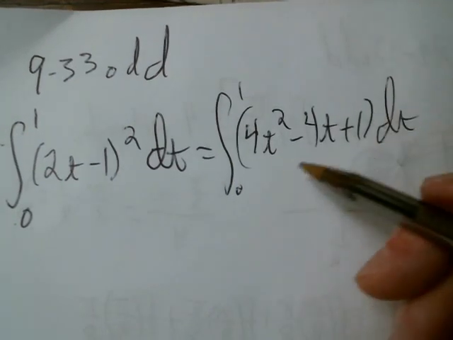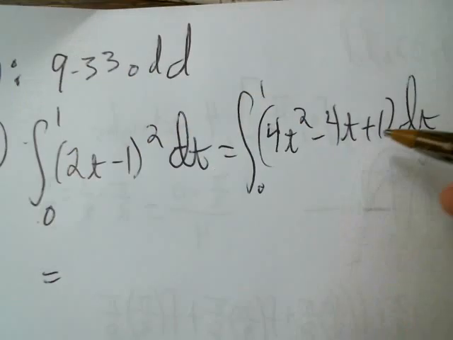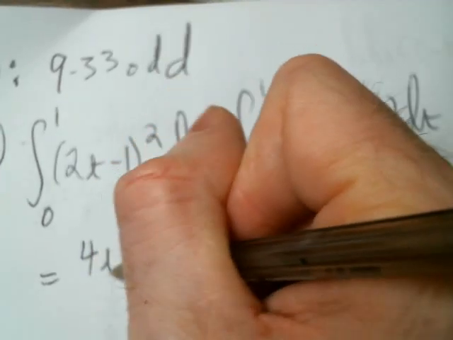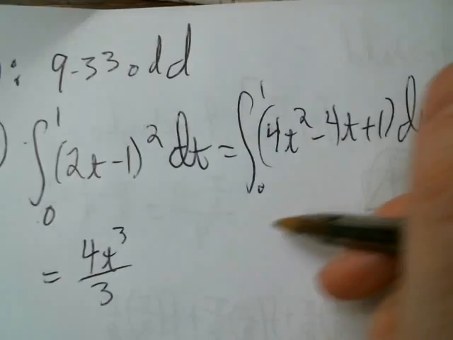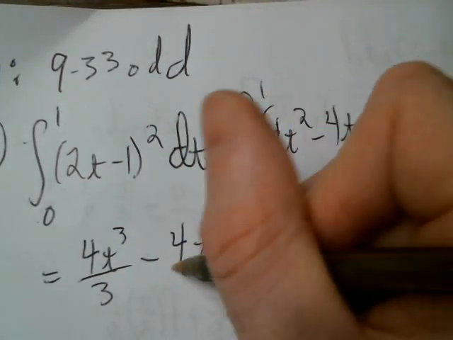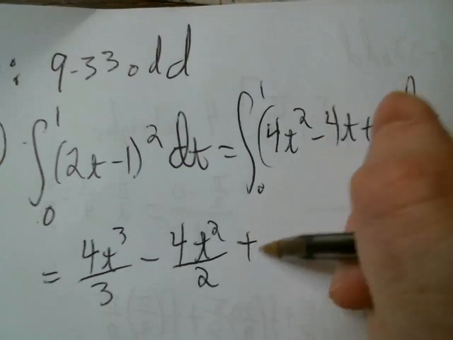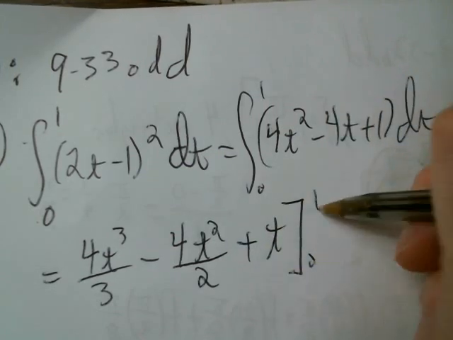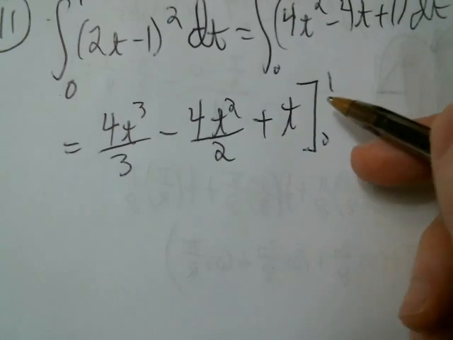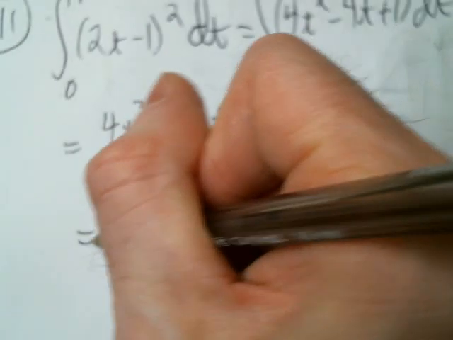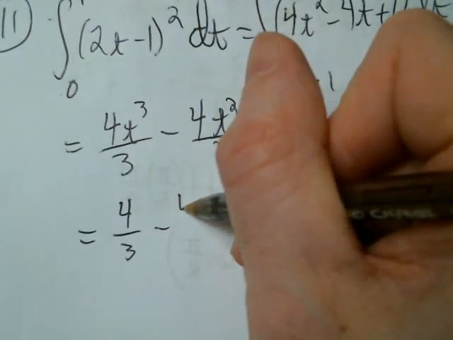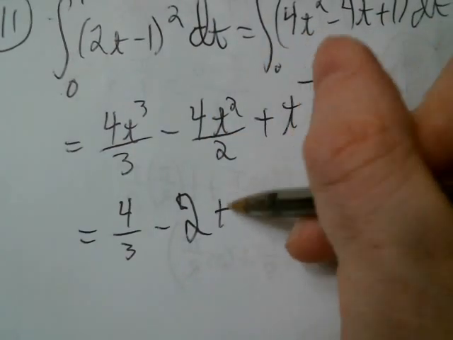I have a polynomial, so we're doing the power rule. So this first one, t cubed over 3, so 4t cubed over 3, minus 4t squared over 2, and then plus t, evaluated from 0 to 1. Okay. So plug in 1, and wherever you see t, you'll get 4/3 minus 4/2, which is the same as 2, plus 1.